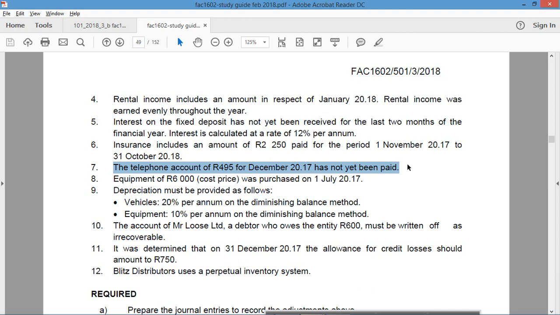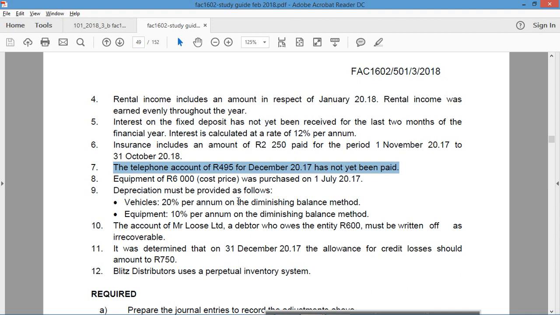Which expense? Be specific. What happened? Always understand what happened. Telephone account owing. So accrued telephone expense. Yes, there you go. So debit the expense because it's too little, it's outstanding. Credit the accrued expense. Okay, there we go, that's better.